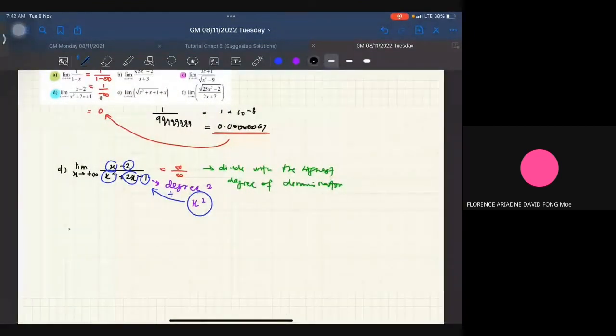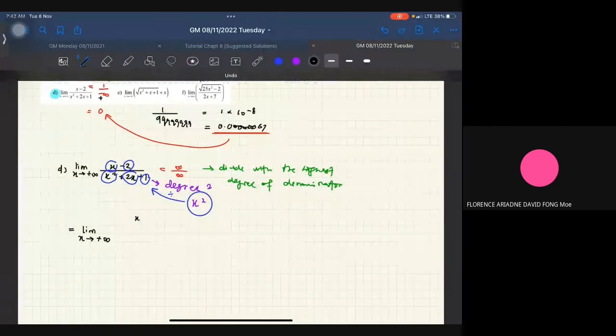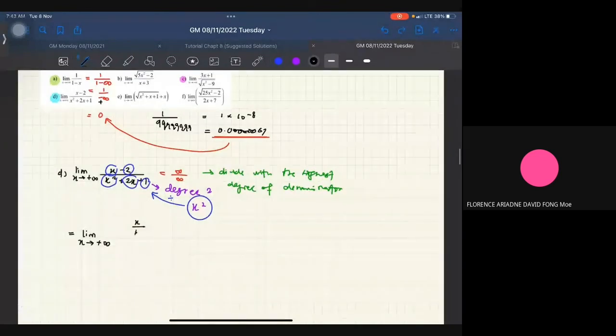Kita akan buat limit x approaching to positive infinity, and then awak ada x divide by x squared, and then minus 2 divide by x squared.